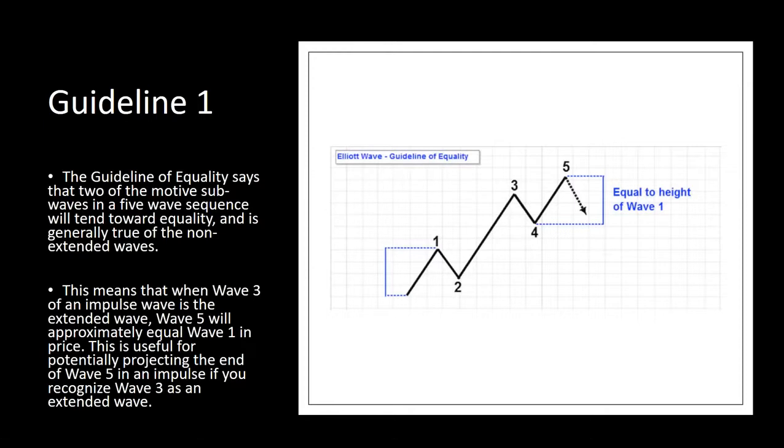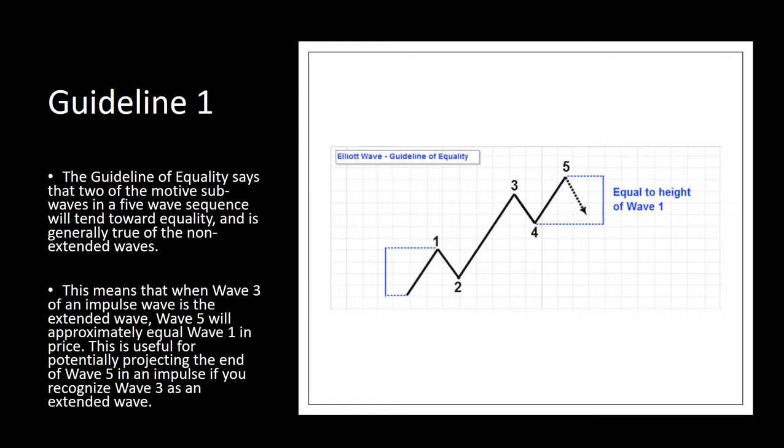The guideline of equality says that 2 of the motive subwaves in the 5-wave sequence will tend towards equality, and this is generally true of non-extended waves. This means that when wave 3 of an impulse wave is the extended wave, wave 5 will approximately equal wave 1 in price.